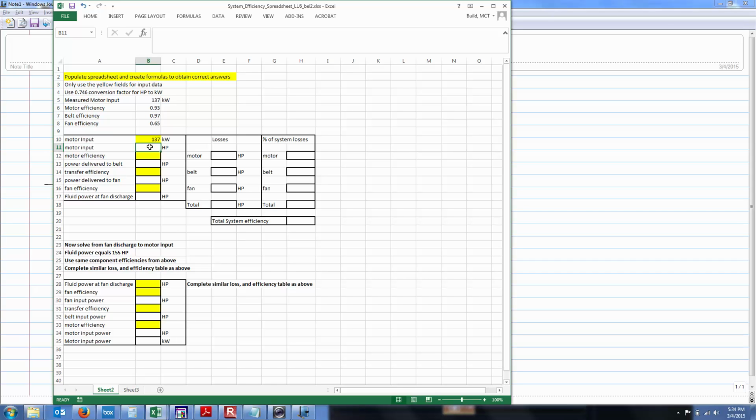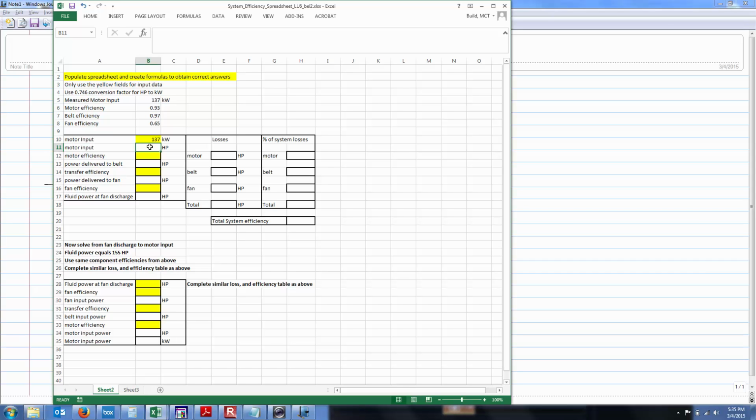So from there, the way I like to think about this is I know that a horsepower is 746 watts. So I therefore know that a horsepower is less than a kilowatt, which is 1,000 watts. So the question is, do I divide or multiply?